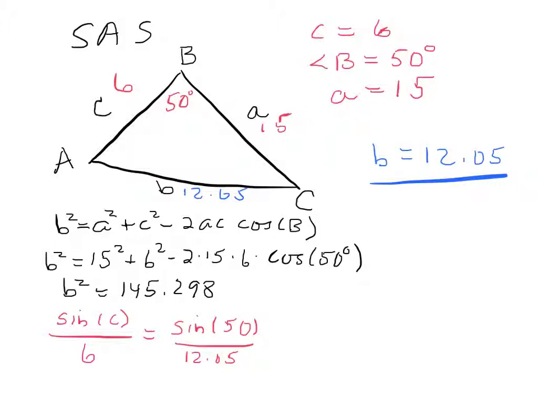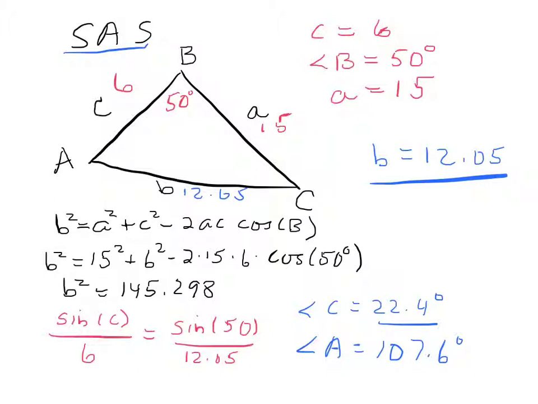But if we solve this, we simply get that angle C is equal to about 22.4 degrees. So we know now what angle C is, we know what angle B is, and so it's pretty simple to figure out what angle A is, and it's going to be about 107.6 degrees. And there we go, we have solved the triangle given side angle side.